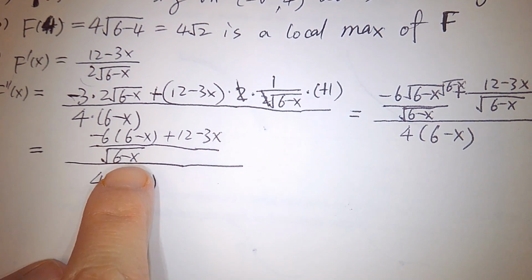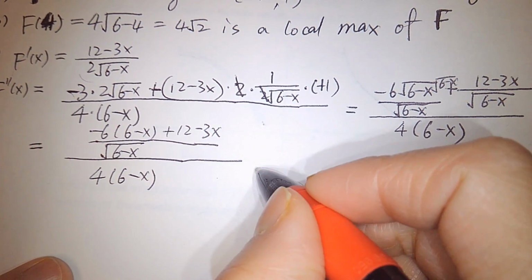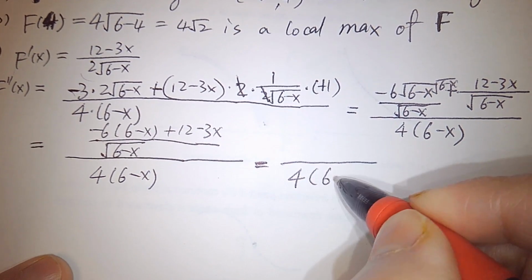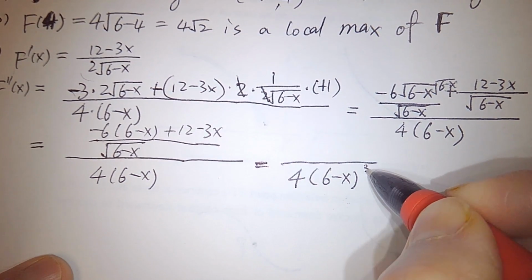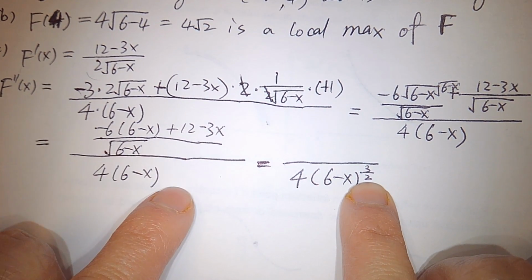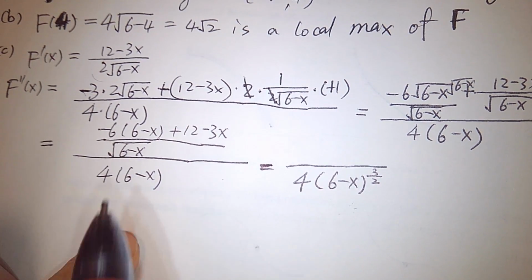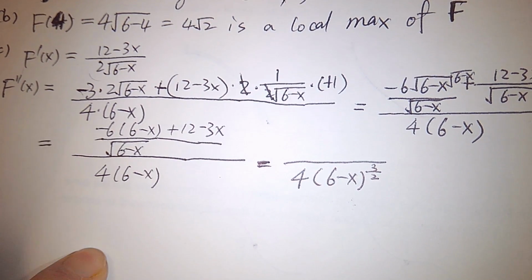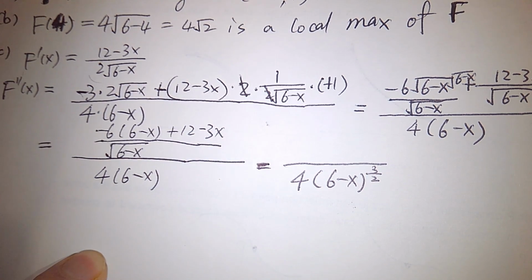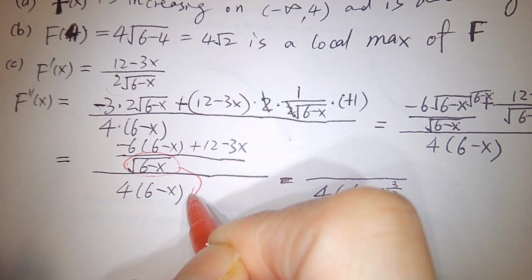However, what is this square root? We don't like it. We want to put it in the denominator. So let's have 4 times 6 minus x to the what? 3/2. Do you know why this is 3/2? Because this square root goes down. This fraction is divided by this, so this thing goes here.